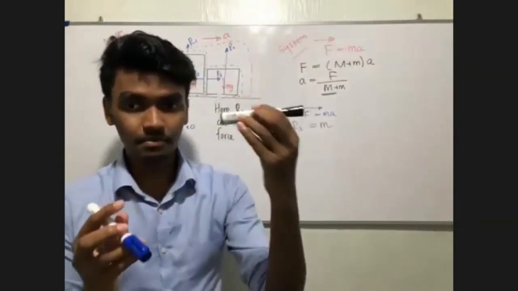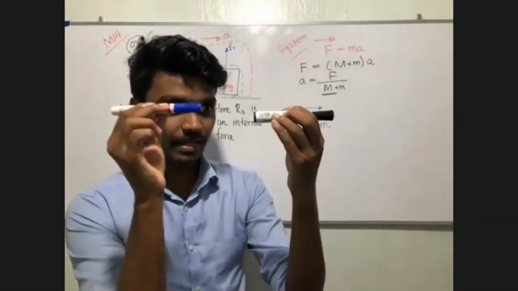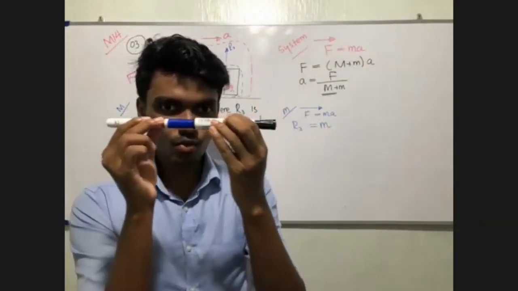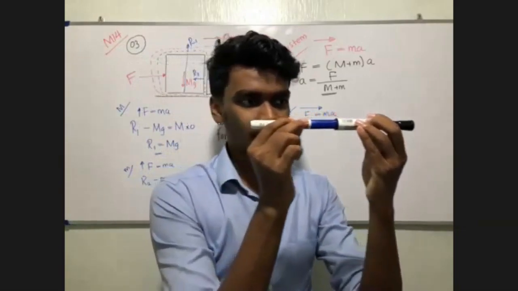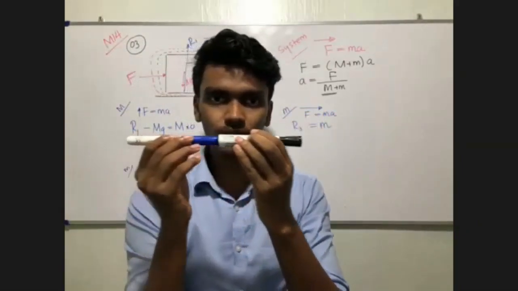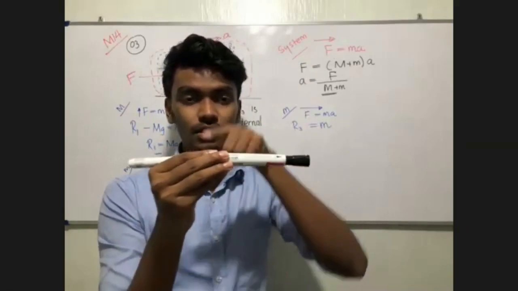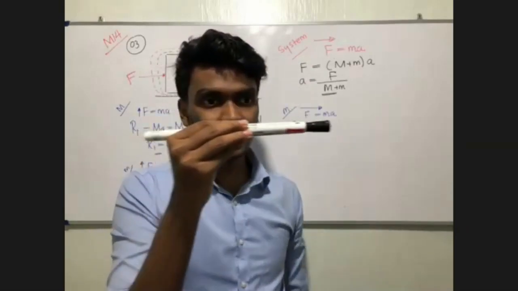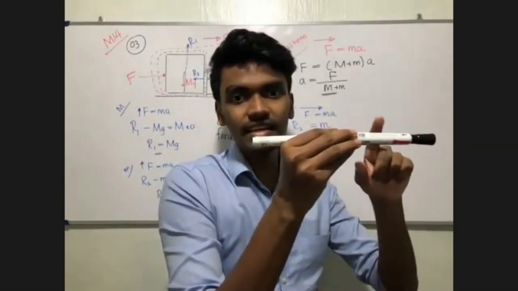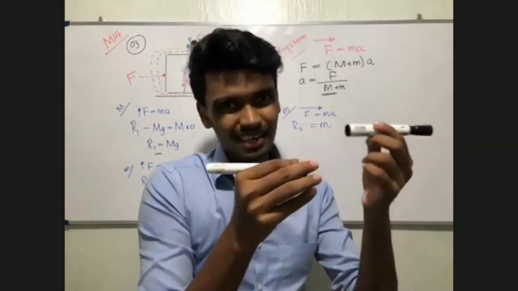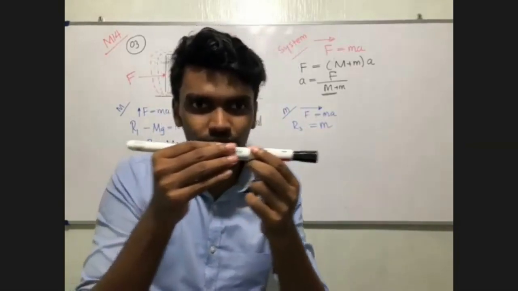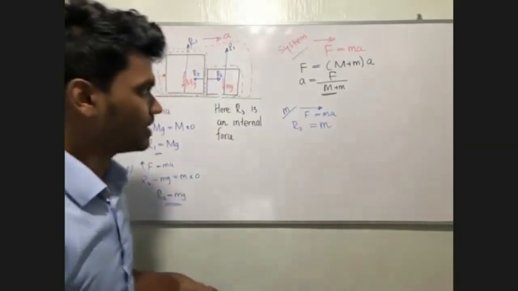if this is small m and this is capital M, and the complete system is moving with acceleration A, that means this one is also moving with acceleration A. Pretty simple.